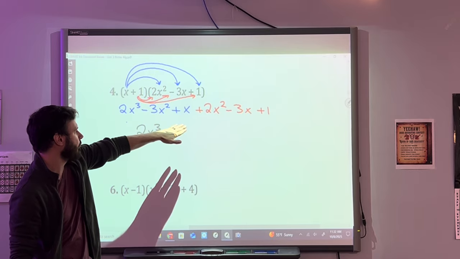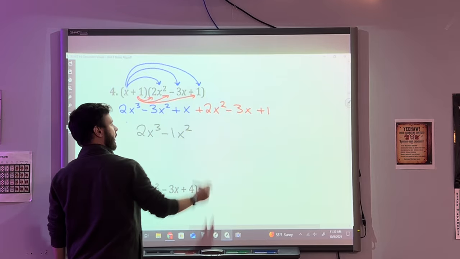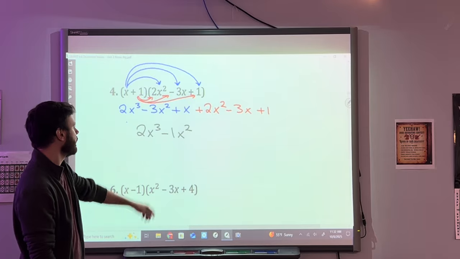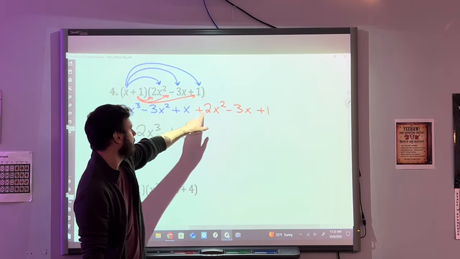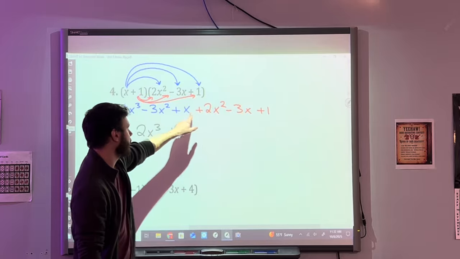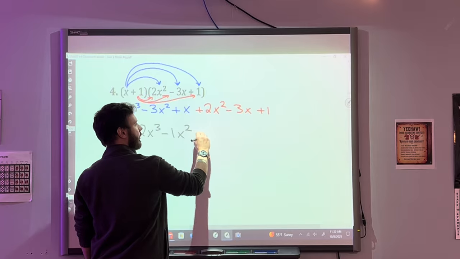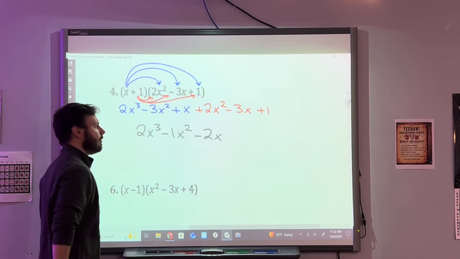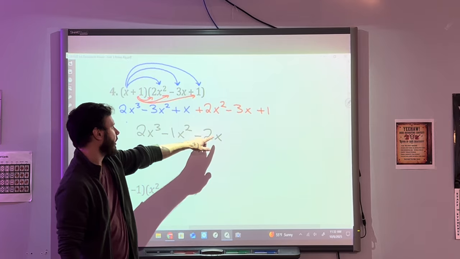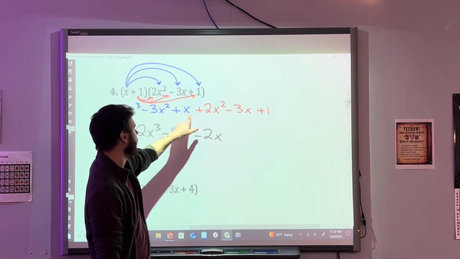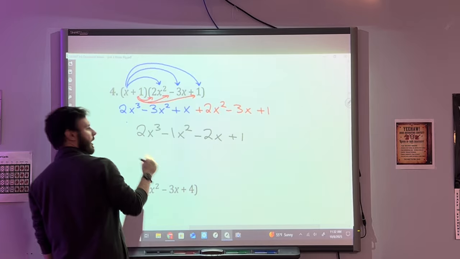So negative 3 plus 2 is negative 1 x squared. x plus x minus 3x. There's an invisible 1 here. So 1 take away 3, it's negative 2. So I have 3x is gone, 2x is 1x. I should have a constant, 1. There is only one constant.